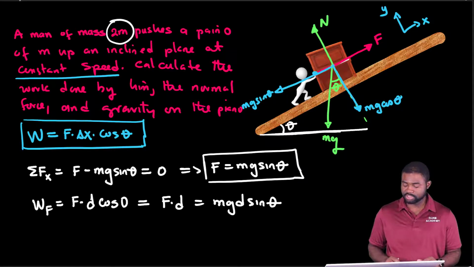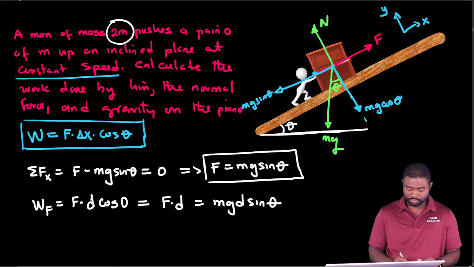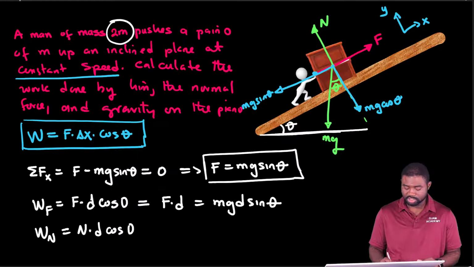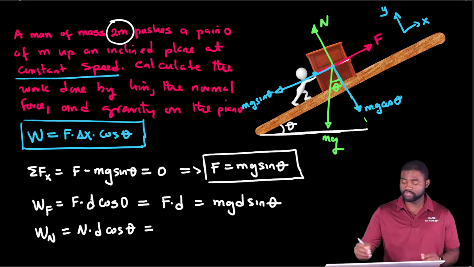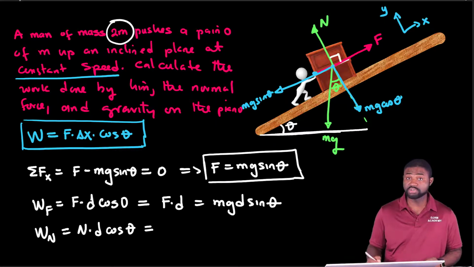Now the next question is for us to calculate the work done by the normal force. The work done by the normal force is the normal force multiplied by d, multiplied by the cosine of theta. Understand that theta is the angle between the force and the displacement vector, and in this case it is 90 degrees.